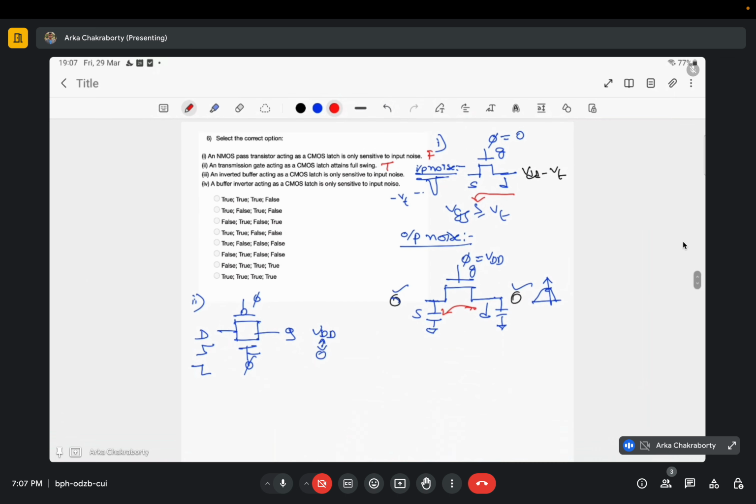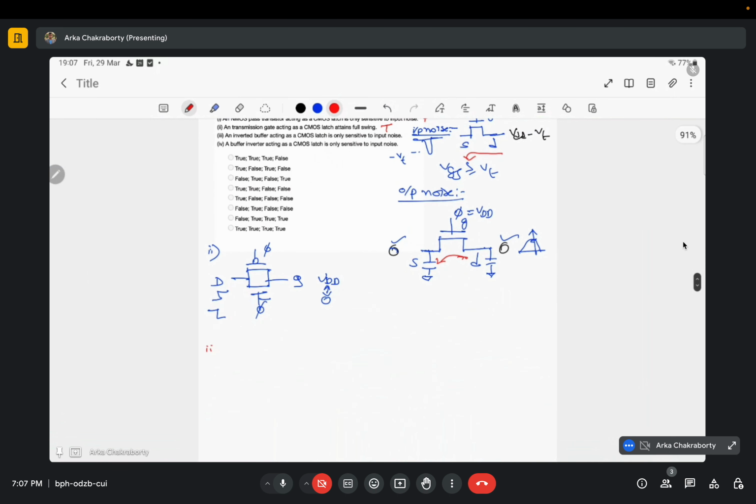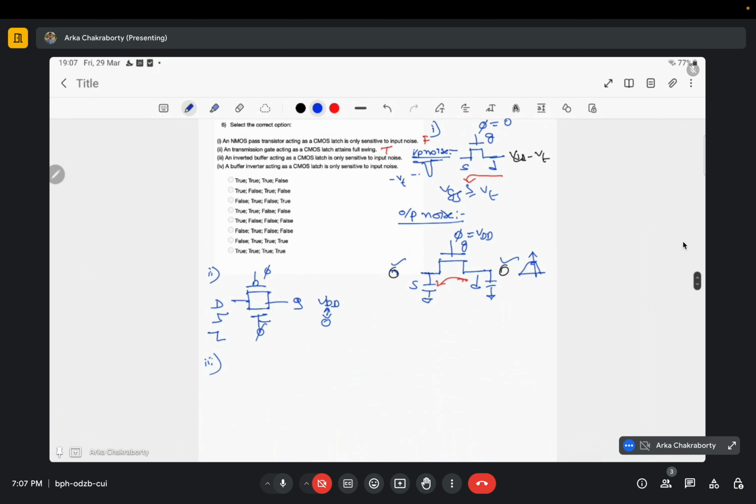Okay, now the third statement is what? An inverted buffer acting as a CMOS latch is only sensitive to input noise. So let me draw an inverted buffer acting as a CMOS latch.